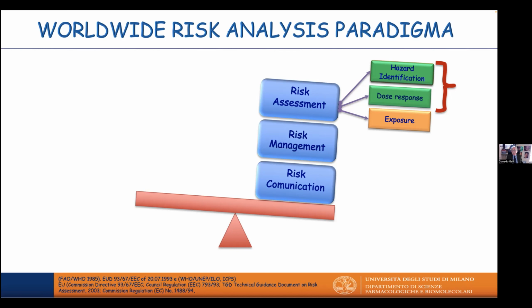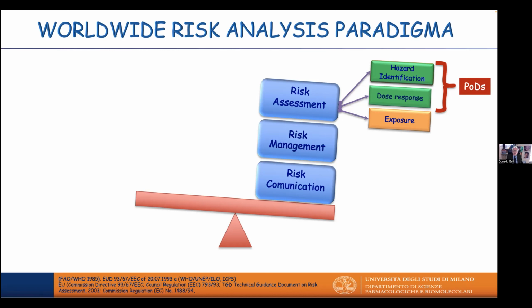So at the beginning, as I said, you have to start to identify the hazard and to identify dose response. Why? Because your job is to derive a point of departure. What is the point of departure?